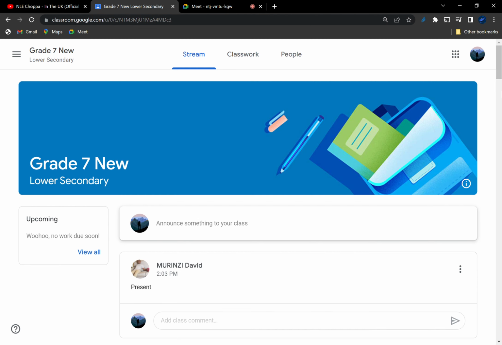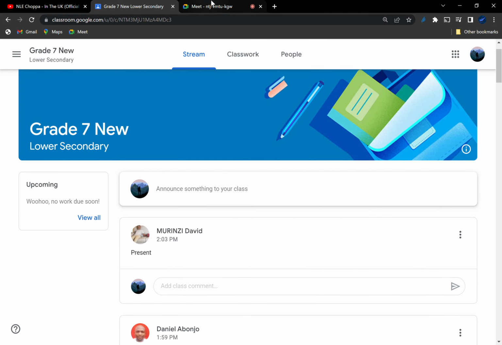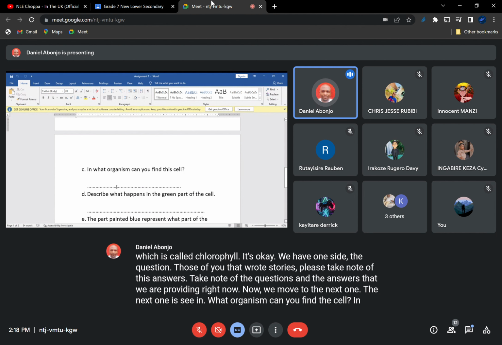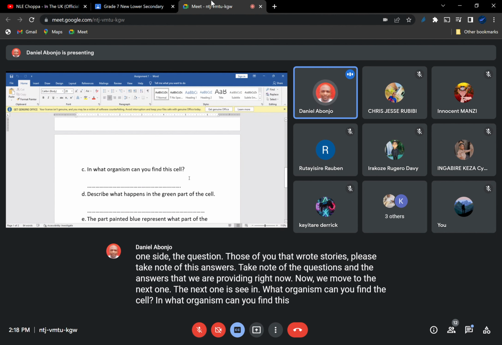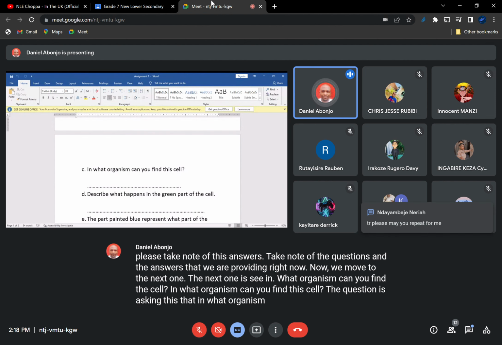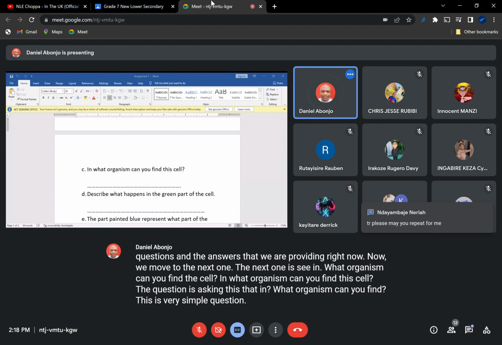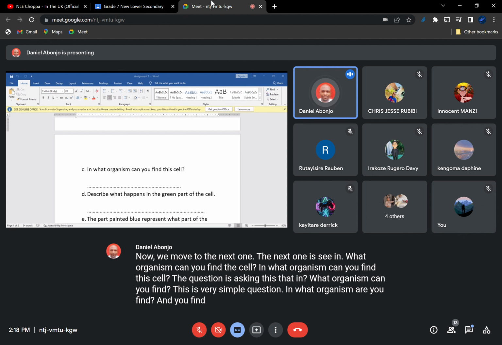The next one is C. In what organism can you find this cell? The question is asking, in what organism can you find this cell? It's a very simple question. It's straightforward.